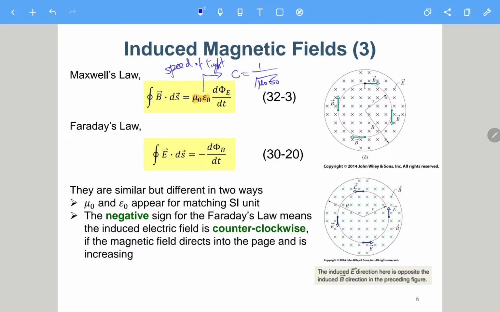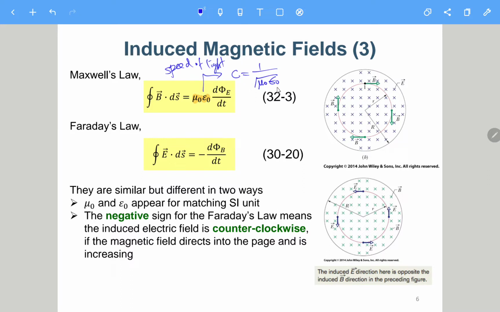And actually, if you need to learn something about optics or special relativity or whatever, then probably you need to know c up to 4 digits, something like 2.998 times 10 to the 8th meters per second. Okay, so this is the speed of light.